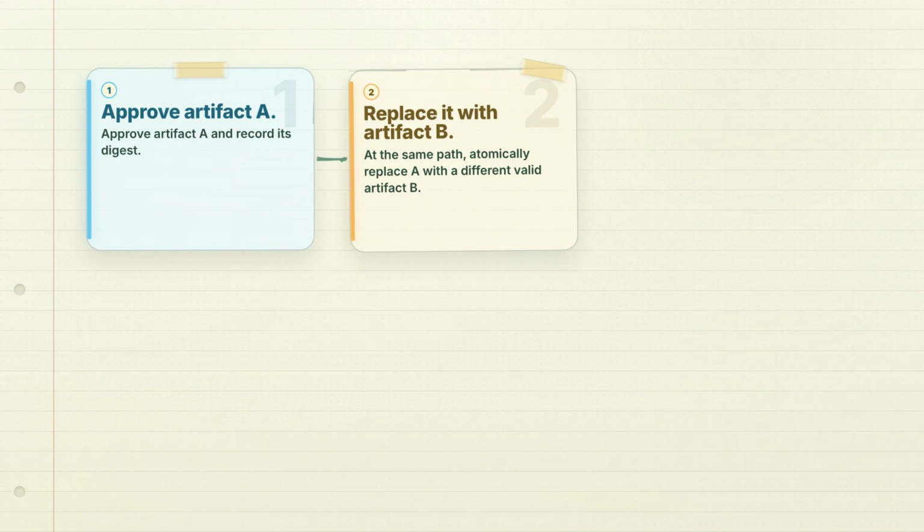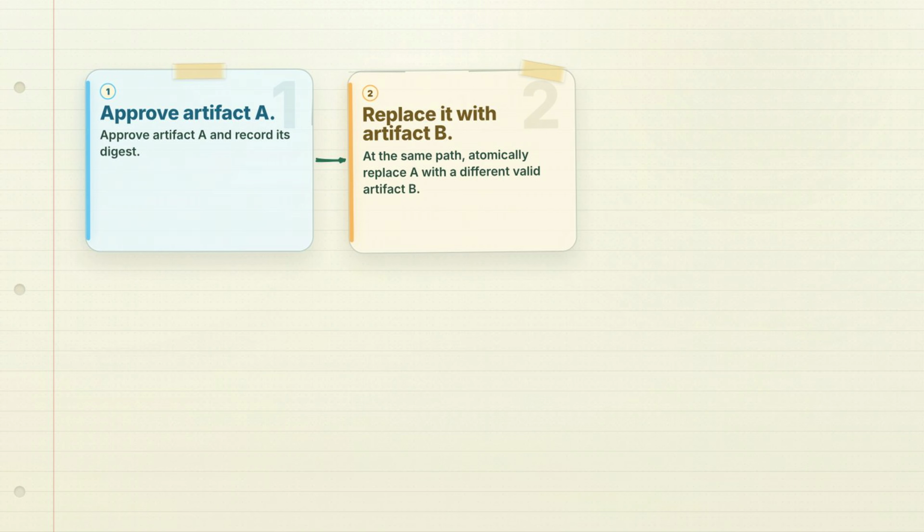Here is the controlled reproduction. Approve artifact A and record its digest. Replace it atomically with a different valid artifact B at the same location while the remaining inputs stay fixed.